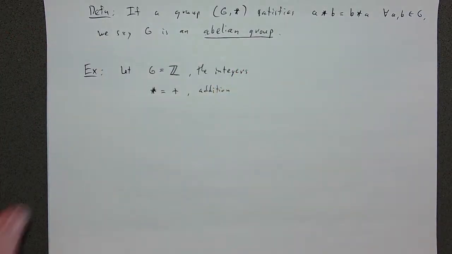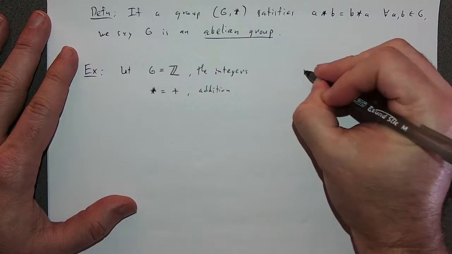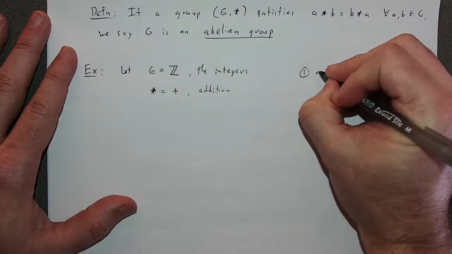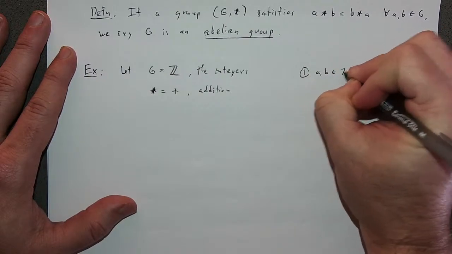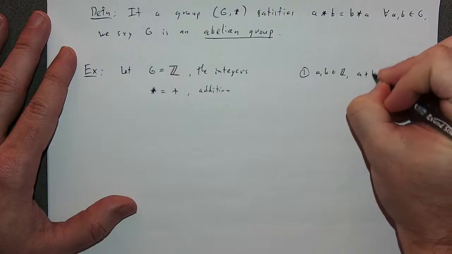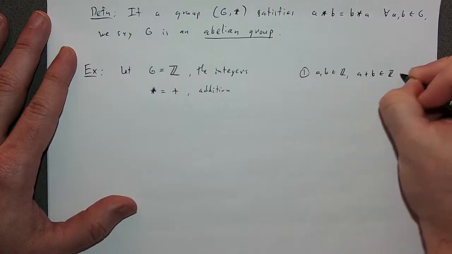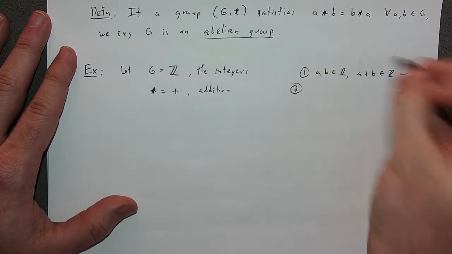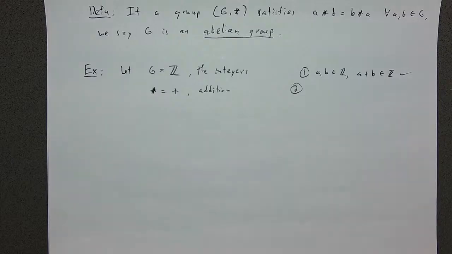Okay. Then just a quick check, closure. If a and b are integers, a plus b is also an integer. Closure is something that you're not going to have to worry about typically, because if we're talking about it in context, the operation you're going to be talking about is not going to be something that takes you out of the set, but it is technically something you have to think about.